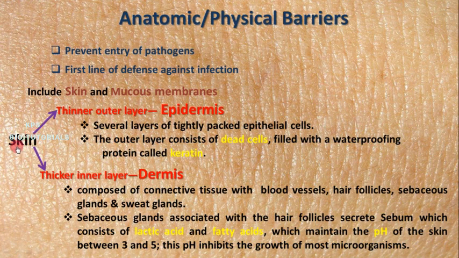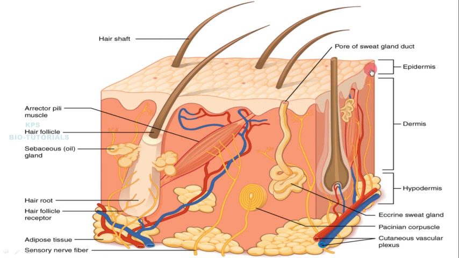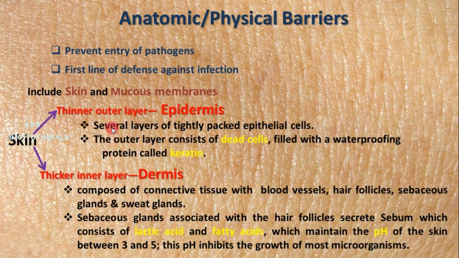When we analyze the structure of the skin, you can see there is an outer thinner layer, namely the epidermis, and an inner thicker layer, namely the dermis. The epidermis consists of several layers of tightly packed epithelial cells.